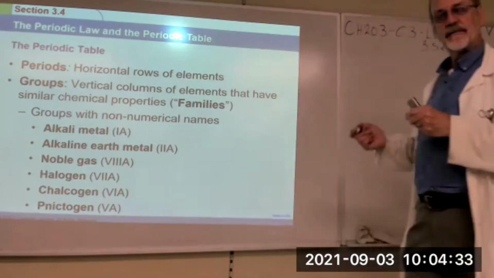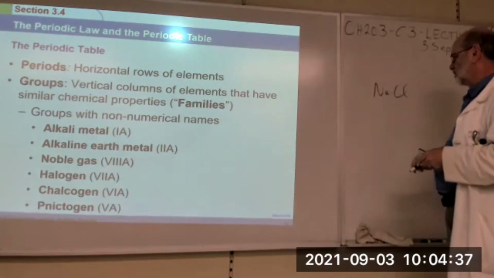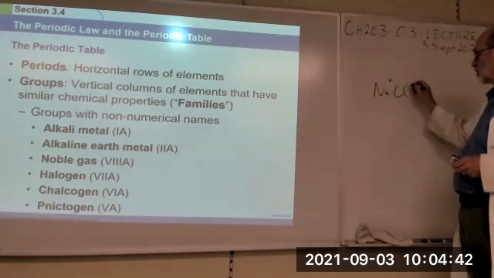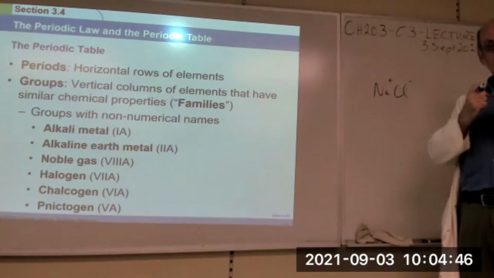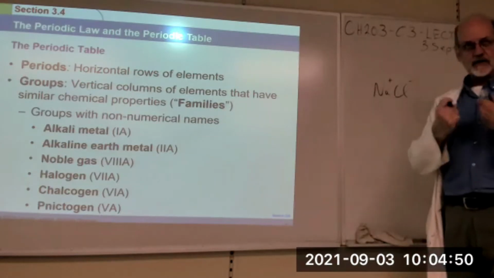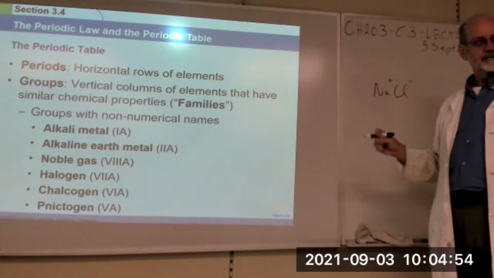So if you have sodium combined with chlorine, table salt, this one's going to be a +1 charge and that would be a -1 charge. And they're attracted by electrostatic force. This is an ionic compound because it's purely electrostatic. You form the ion, then they pull each other together.